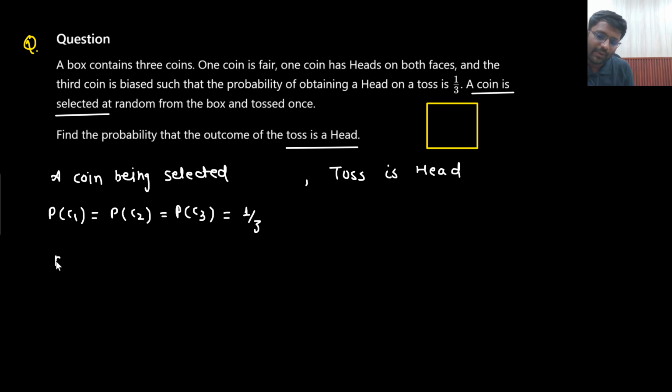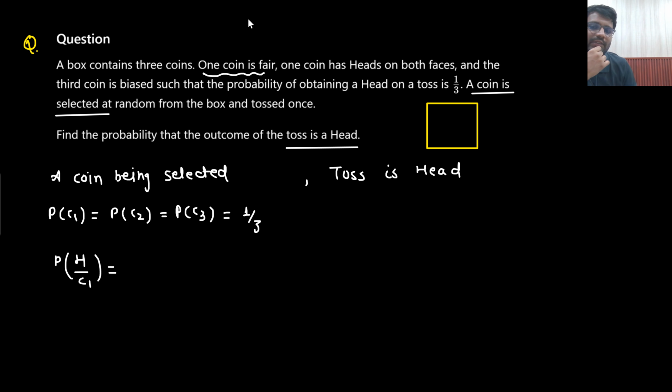Now, what is the probability of getting a head if I select the coin C1? If you select coin C1, coin 1 is a fair coin.